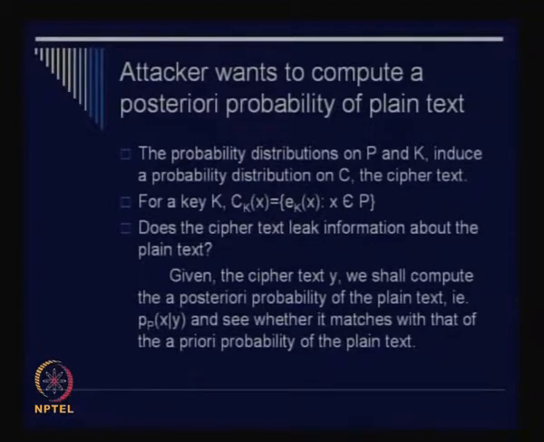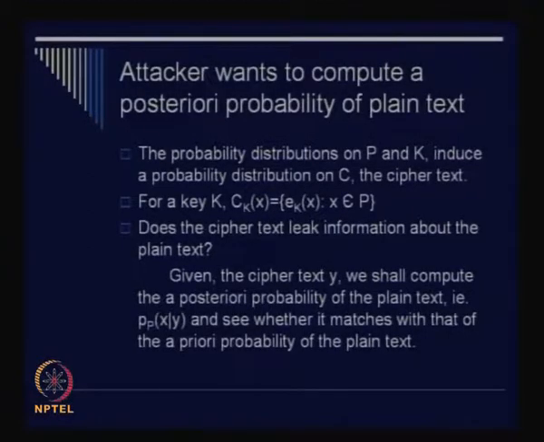The idea is as follows: when you obtain the ciphertext, you have certain values of the symbols. You guess the value of the key and then try to decrypt the ciphertext. The moment you decrypt the ciphertext, what you obtain is the plain text.